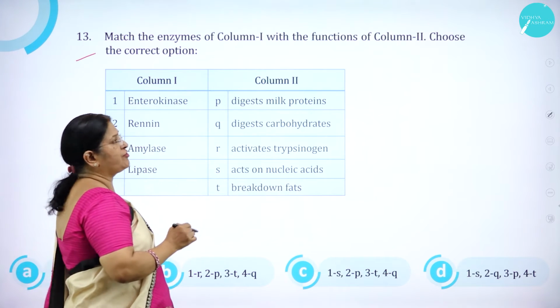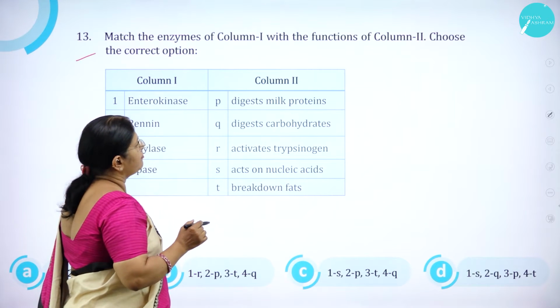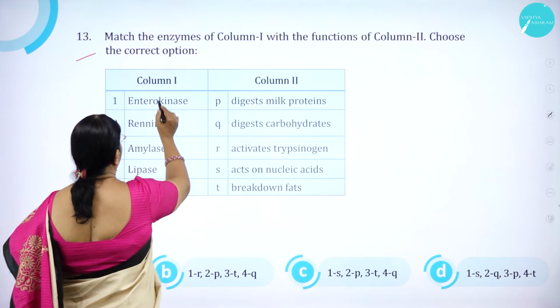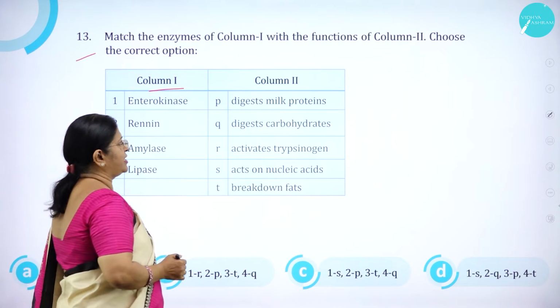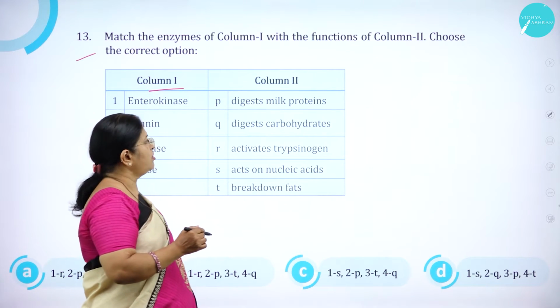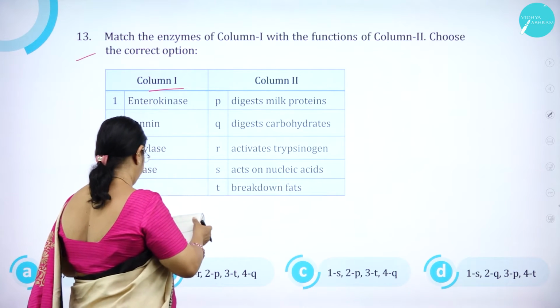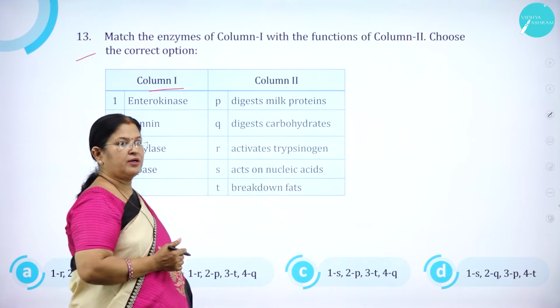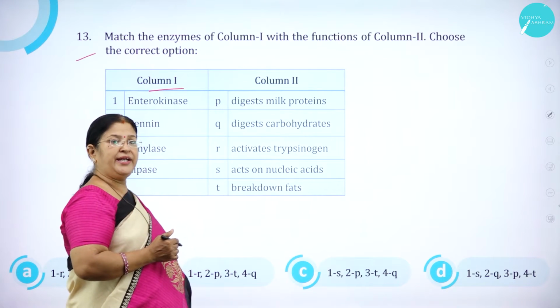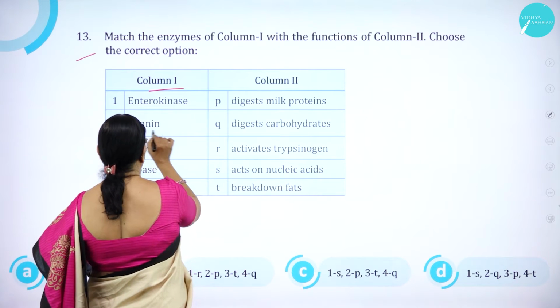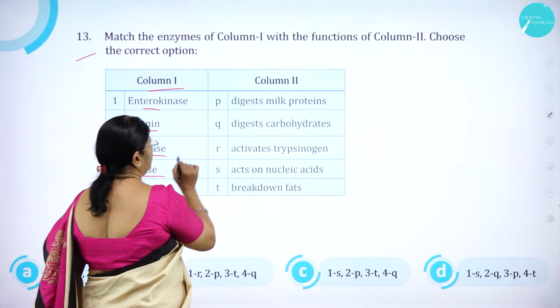Match the enzymes of column 1 with the functions of column 2. Choose the correct option. Here column 1 contains the enzymes and column 2 contains the substrates on which they act. Enterokinase, renin, amylase, lipase.